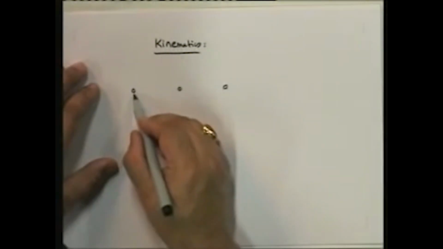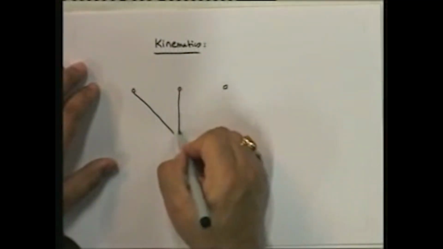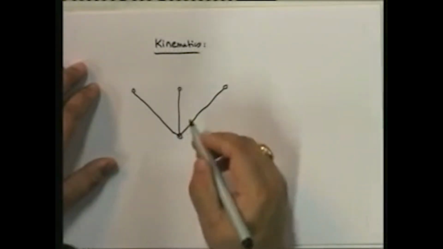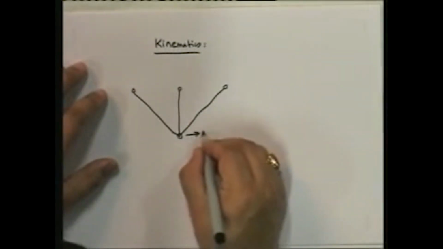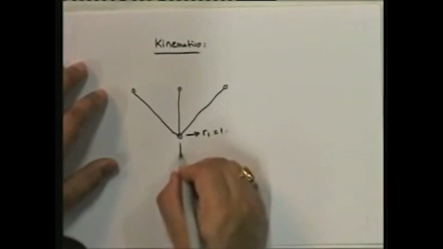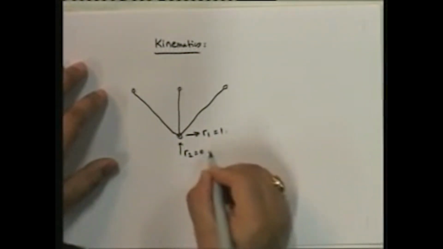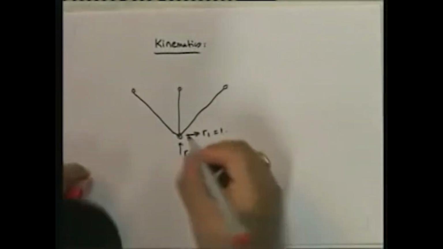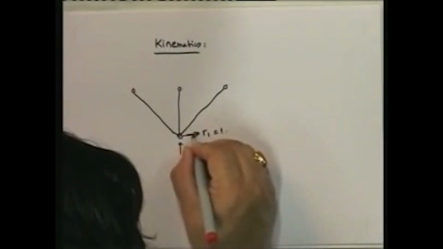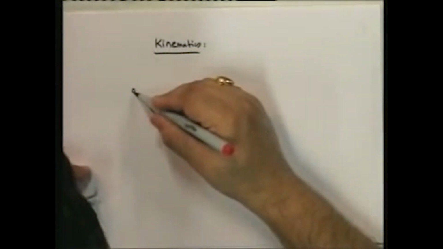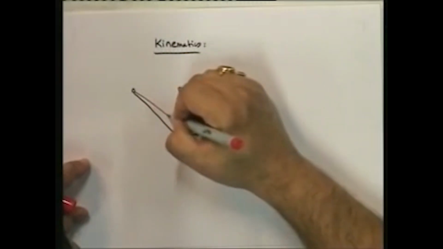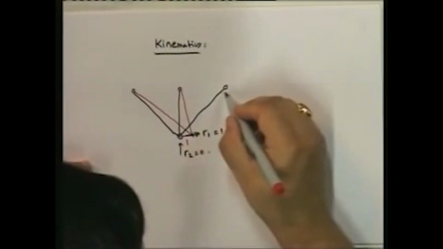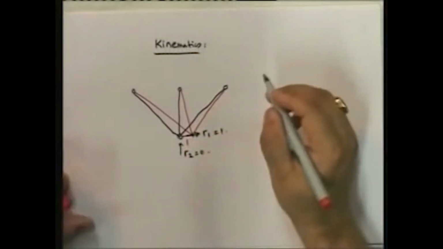Let me put first, how did we do it? Put R1 equal to 1 and R2 equal to 0 and look at the displaced shape. When I do this, what happens? This comes 1, and note that since they are hinged, they go like this.